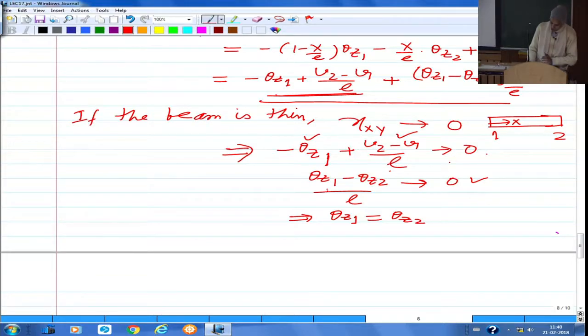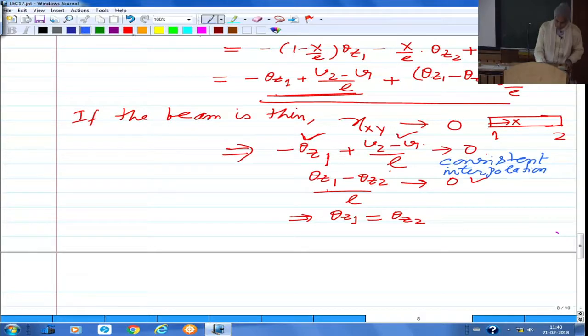But we call this a consistent constraint because it involves contributions from both independent interpolations, for rotation, that is theta z, and v. Whereas the second equation, you see, involves only theta. It is just relating theta z. So we call it inconsistent.